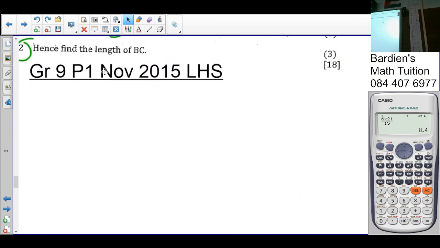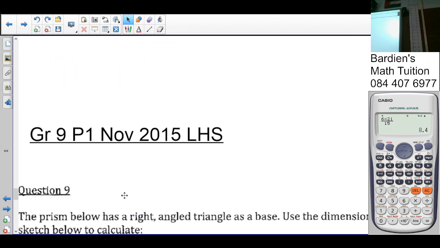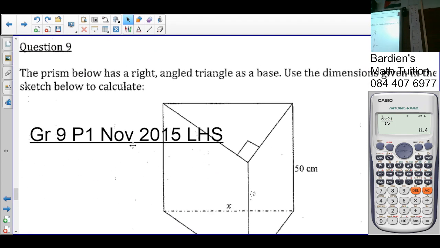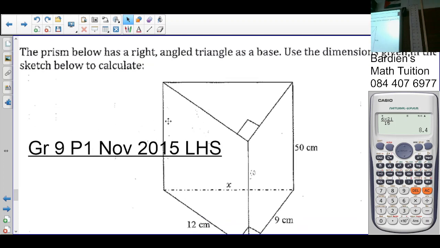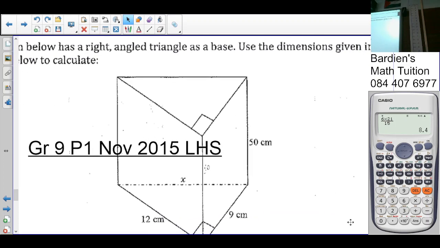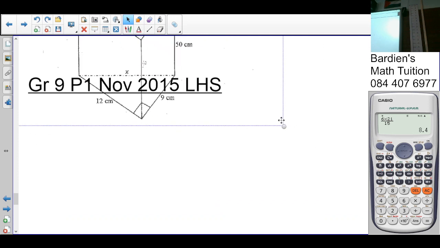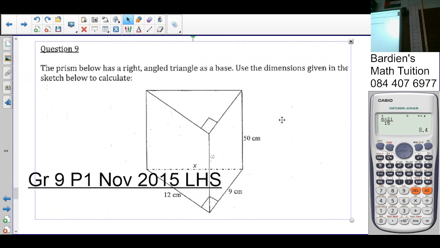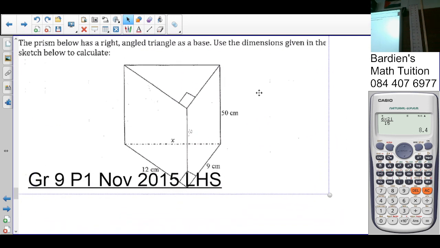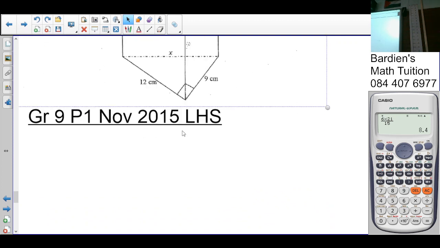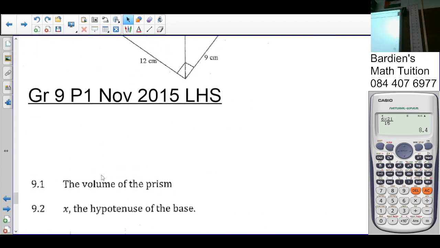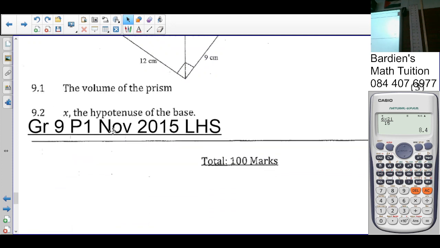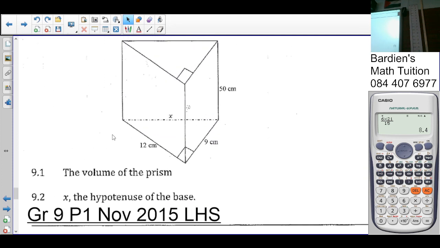Right. Next question, question 9. We are told that the prism below has a right angle triangle as a base. Use the dimensions given in the diagram or in the sketch below to calculate. Right, so let's see what we must calculate. First question says you must calculate the volume of this prism. People, how do you calculate the volume?